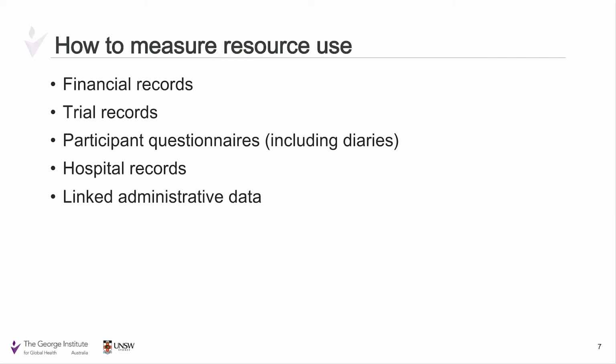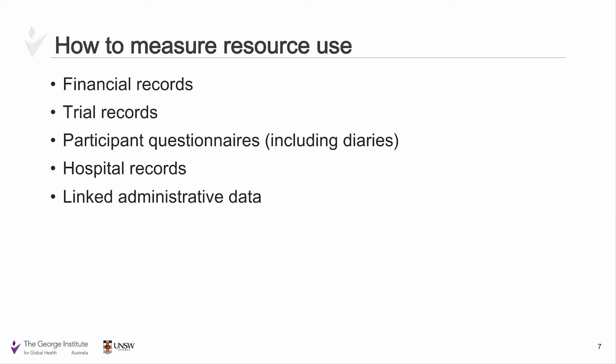Sometimes it might be possible to use diaries to record healthcare utilisation. And that's sometimes quite a useful tool for measuring hospitalisations. Diaries are ways in which we can measure the use of health services from patients on an ongoing basis and not have to rely on them to remember how many hospitalisations or how many medical consultations they had over the past year if we're just relying on following them up over a long period of time.